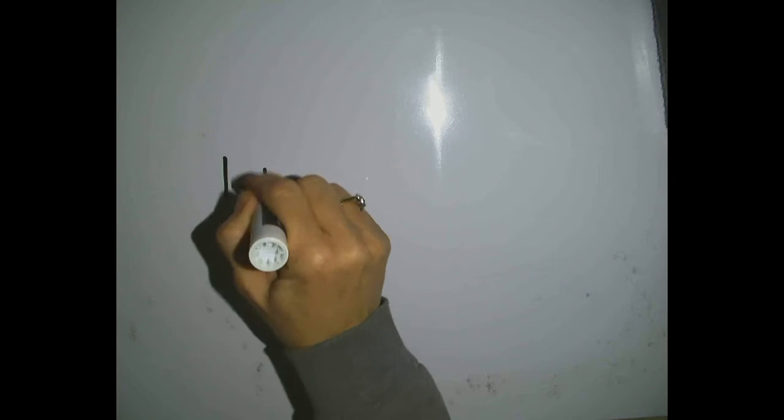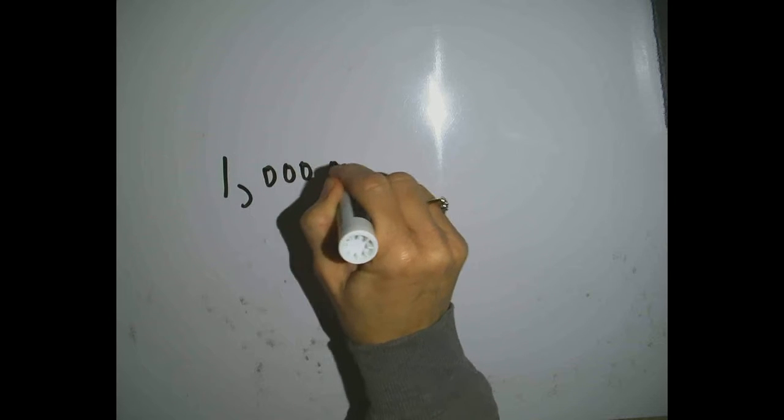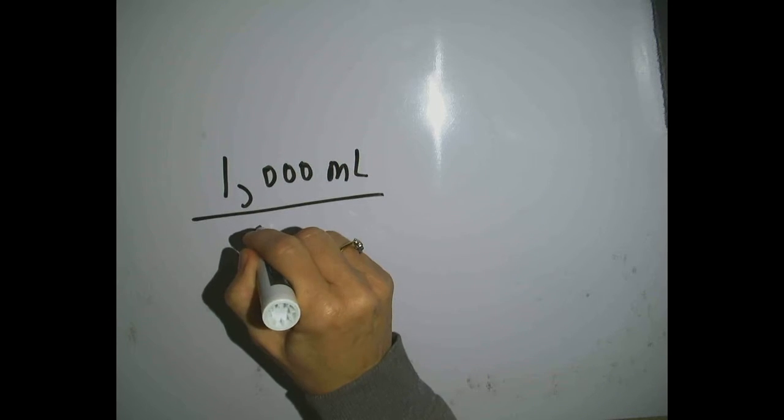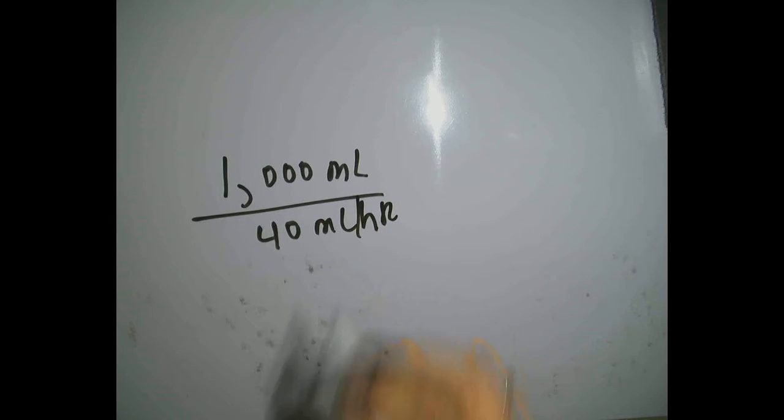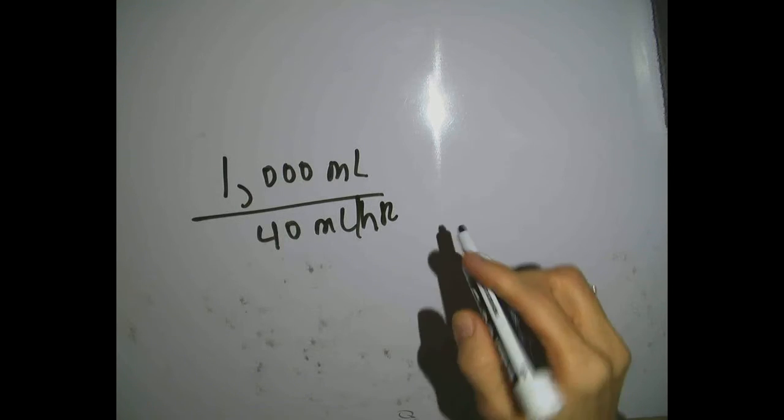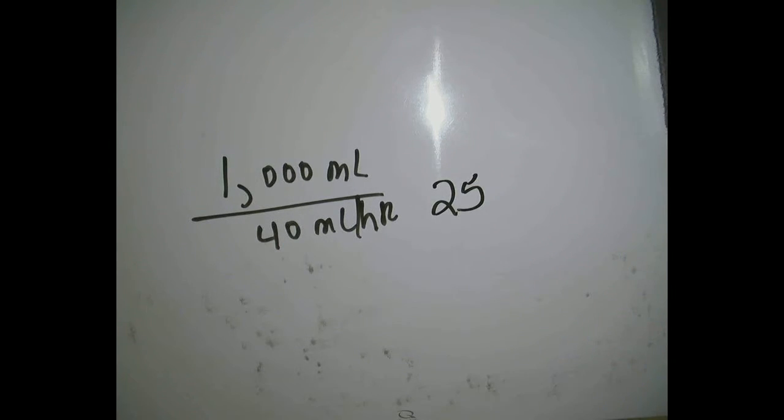So in that case, we're simply looking that we have a 1 liter bag of D5W at a rate of 40 milliliters per hour, and we have learned to calculate that by taking the volume in the bag and dividing it by the flow rate and coming up with a solution of 25.